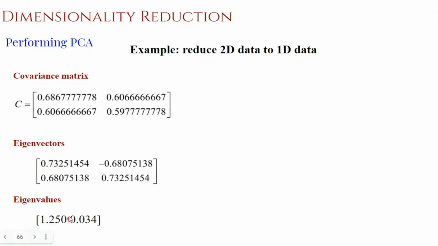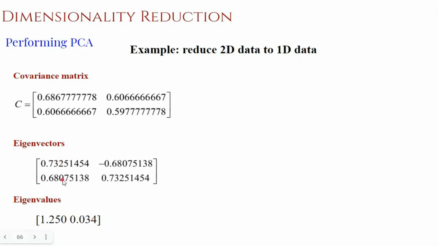1.250 is a magnitude, which is an eigenvalue. 0.034 is another eigenvalue, nothing but the magnitude of another vector. So we have the magnitudes of two vectors. Now if we ask what is the eigenvector corresponding to this magnitude? Corresponding to this magnitude, the eigenvector is this column vector.